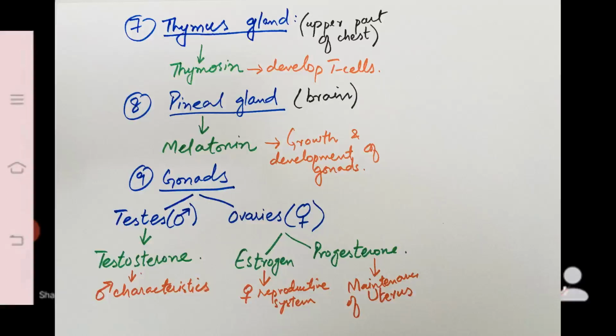This is the sign to show the female, and this is the sign to show the male character. Okay, the testis secretes testosterone hormone, while the ovary secretes estrogen and progesterone.